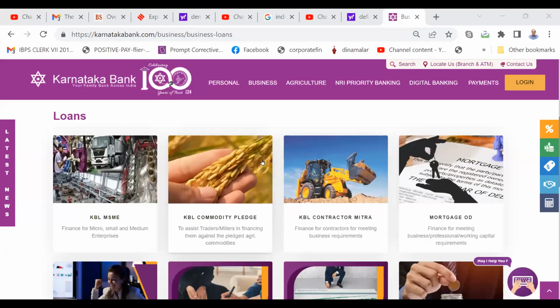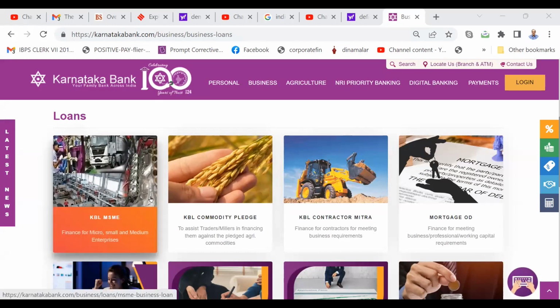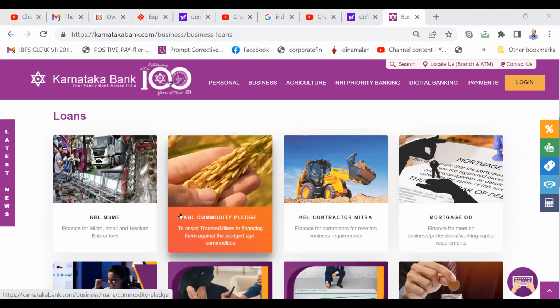Likewise, let us see what other types of loans they give. I am just taking Karnataka Bank before me, and let us analyze what the different types of advances can be. For say KBL, don't forget about KBL when you go for Federal.